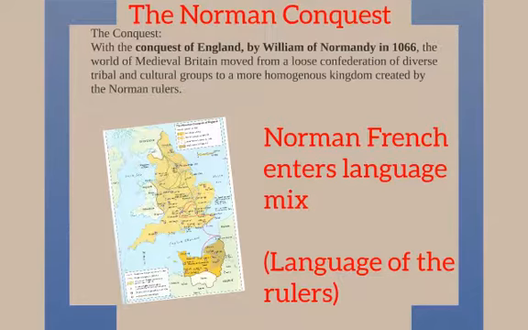So, in this section, we're going to be talking about the Norman conquest, which happens in 1066 when William of Normandy comes from France and enters into England and conquers, also known as William the Conqueror, England, and takes control of the country.